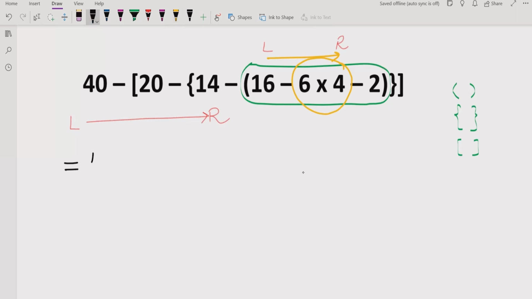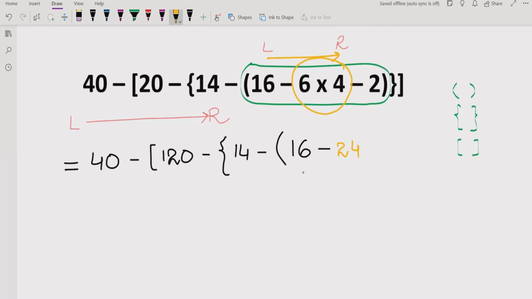So now we write 40 minus 20 minus curly bracket 14 minus round bracket 16 minus 24, and then minus 2.